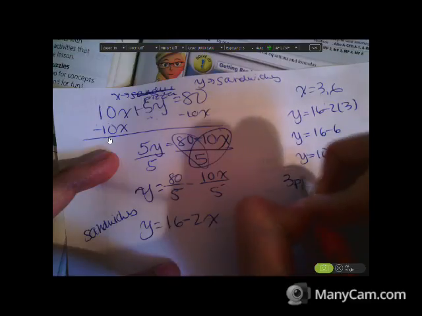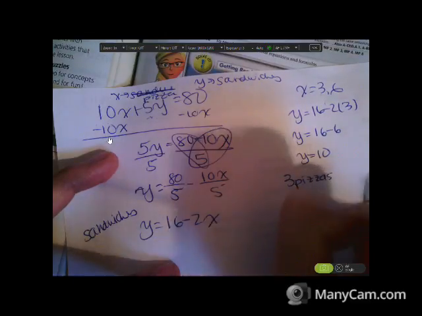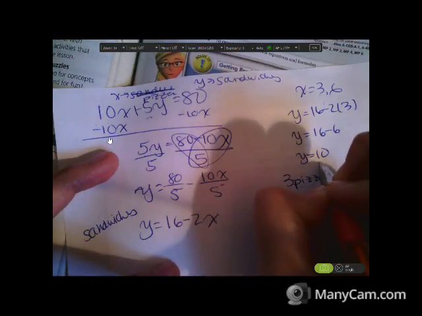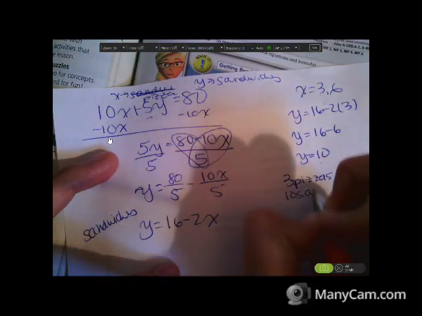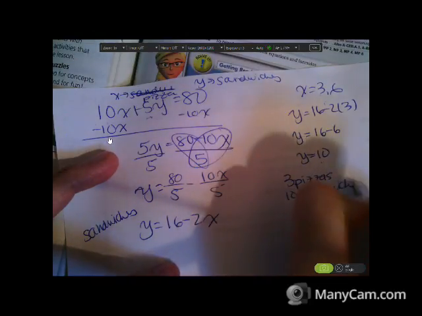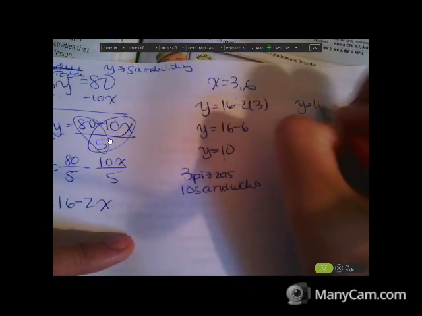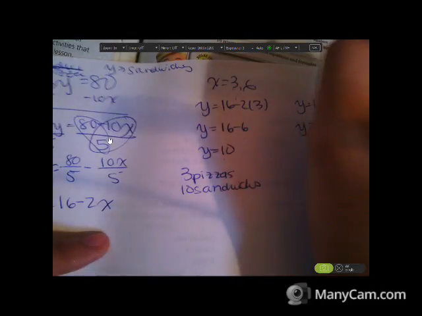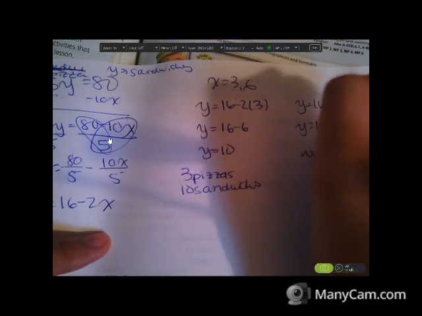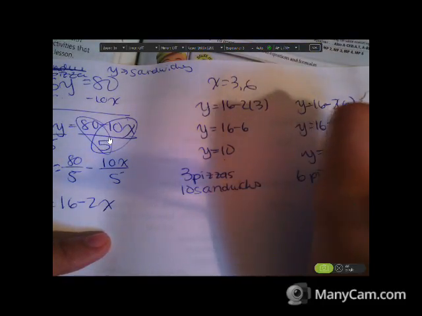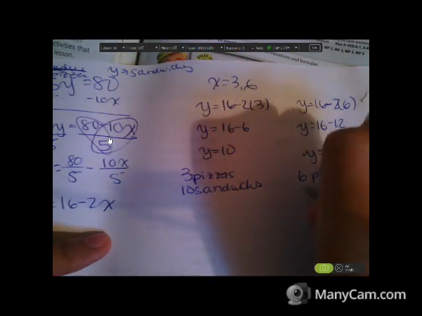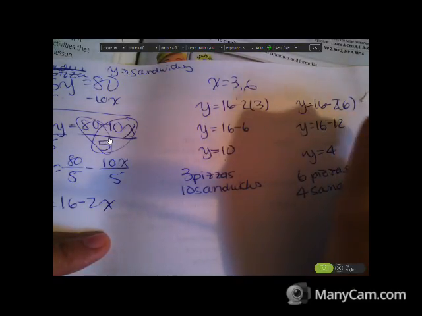So at 3 pizzas, you can buy 10 sandwiches. Let's look at 6. y equals 16 minus 2 times 6, so y equals 16 minus 12. y equals 4. So with 6 pizzas, you can get 4 sandwiches.